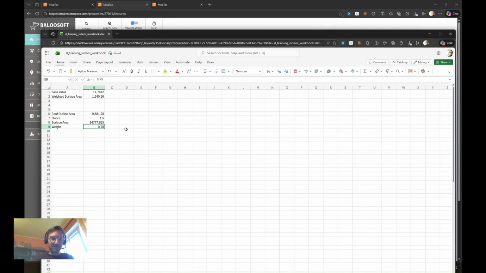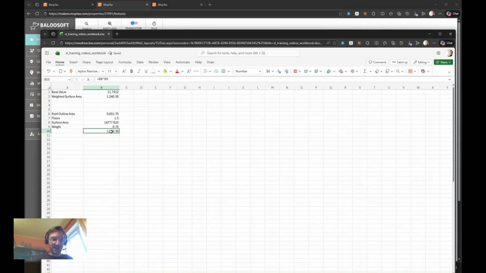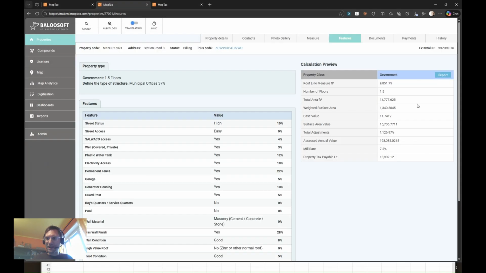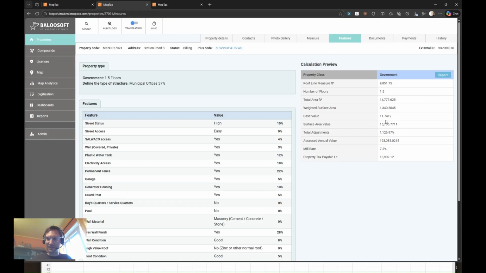So we take the surface area and we raise that to the power of 0.75, and we get a weighted surface area of 1,340.3. And if we look in MobTax, it's 1,340.3045. So there's a little bit of rounding going on here, but we see that this matches this. So this is how we calculated it manually and confirmed that the numbers are correct.